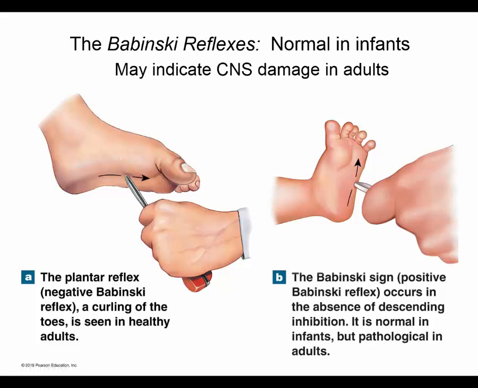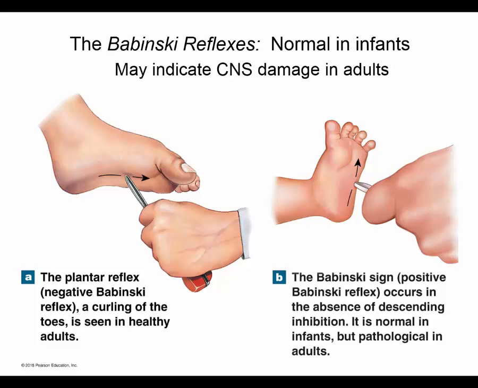Lastly, we have some reflexes. Doctors check lots of reflexes. They're checking for spinal cord damage. The cranial reflexes we'll talk about, they're checking for cranial nerve damage. There's 12 cranial nerves they're checking. This particular reflex is a famous reflex called the Babinski reflex.